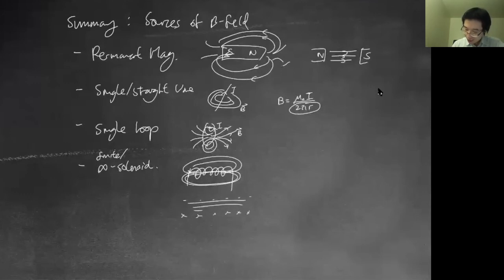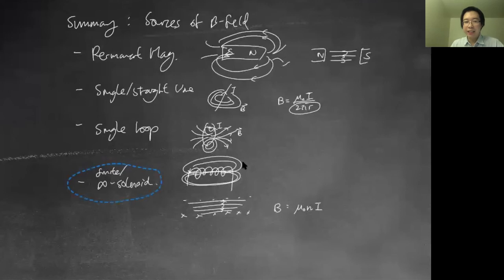So for inside an infinite solenoid, we have an actual formula for it. I'm not introducing any formulas for the single loop nor permanent magnets. These little bends over here are the edge effects for the finite solenoid, and for the infinite one, you don't have any edge effects anymore. They're all contained inside.